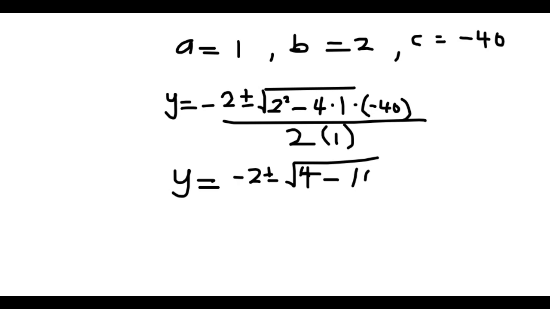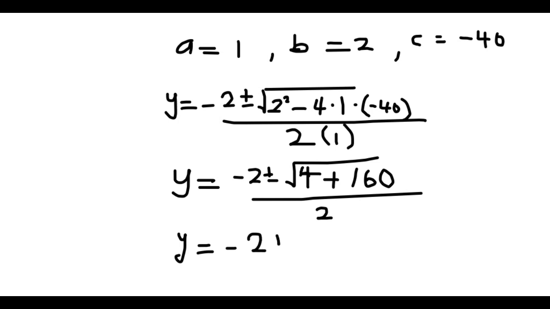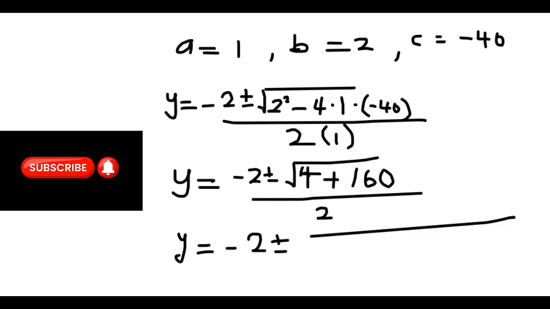Everything gives us plus 160, over 2 multiplied by 1, which gives us 2. So here we then have y equals minus 2 plus or minus square root of 164.